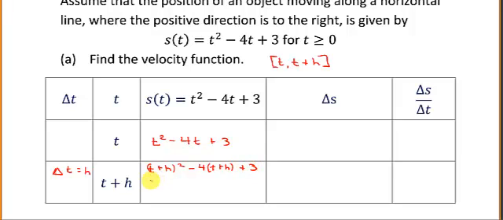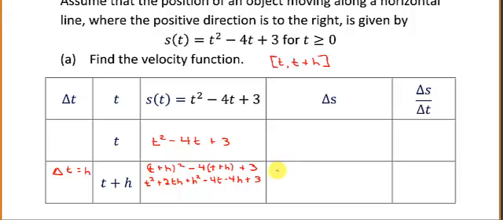Let's do the algebra on that. That's going to be t squared plus 2th plus h squared minus 4t minus 4h plus 3. And now if I subtract them to get delta s, I have all of this minus all of this, so I'll have t squared minus t squared, that goes away.